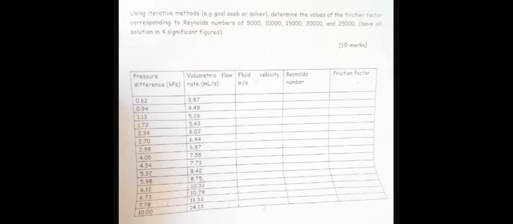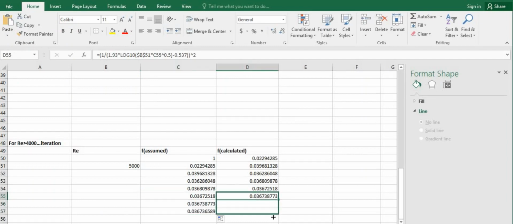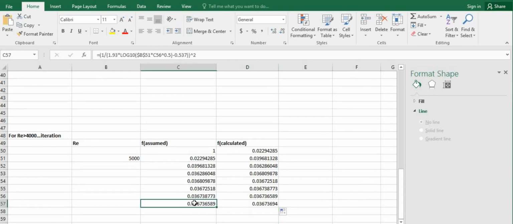So you keep dragging and drag this one too. Here you have 0.03674 and 0.03674. You have your four significant values intact, so you have your value of f, that's the friction factor.